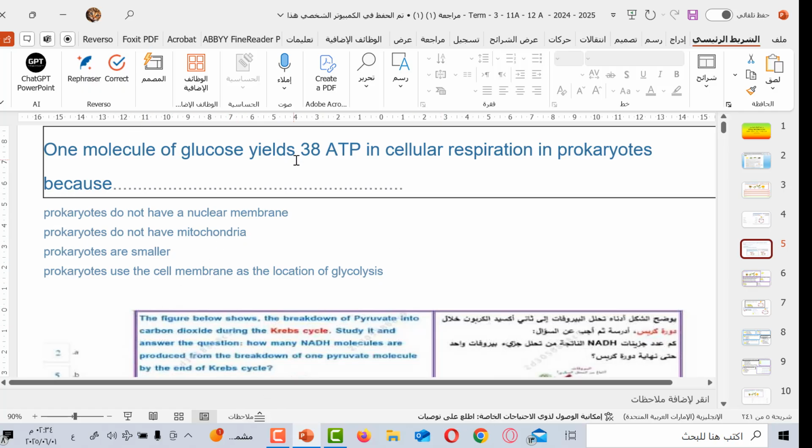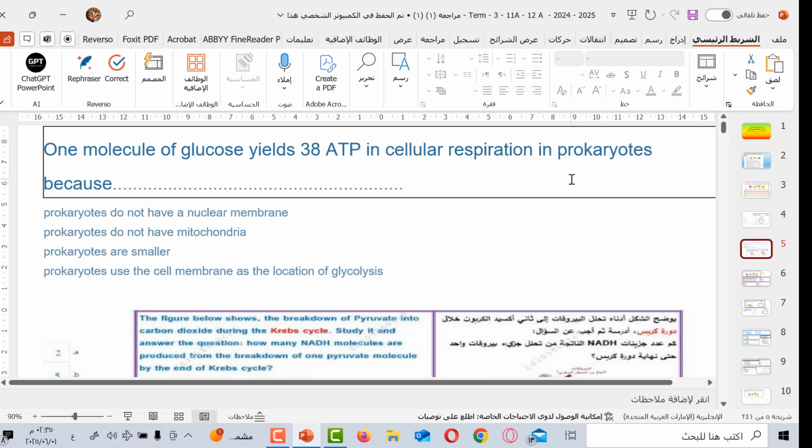One molecule of glucose yields 38 ATP in cell respiration in prokaryotes. Because what? Okay. Before everything, what's the difference between prokaryote and eukaryote? Eukaryote is the organism which has true cells.